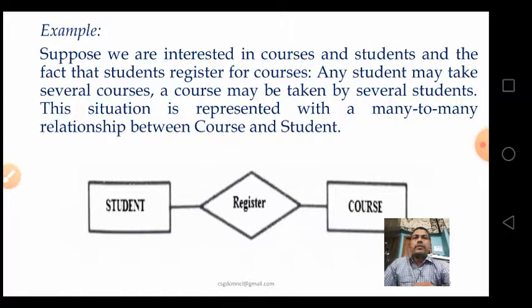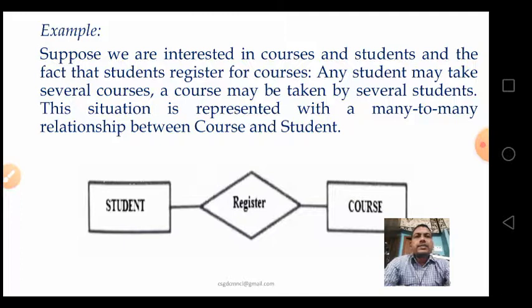A course may be taken by several students. That is called a many-to-many relationship. This situation is represented with a many-to-many relationship between course and student. This is a many-to-many relationship example.